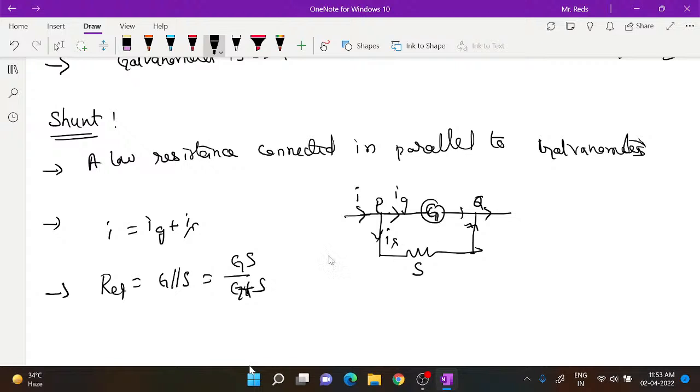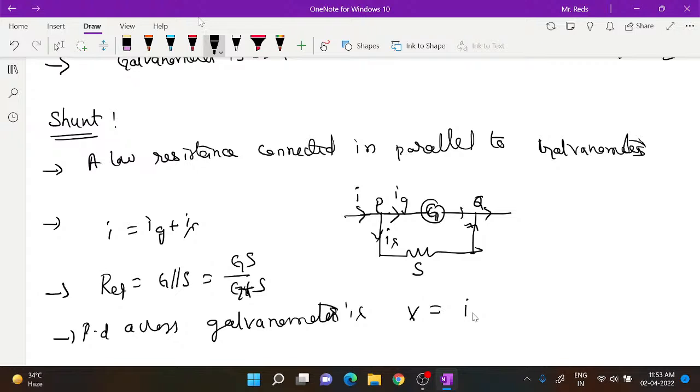If this is the resistance, then we can say the potential difference across the galvanometer, or shunt, is given by V equal to Ig into G, or simply V is equal to IR.